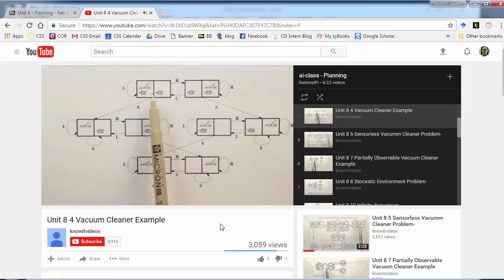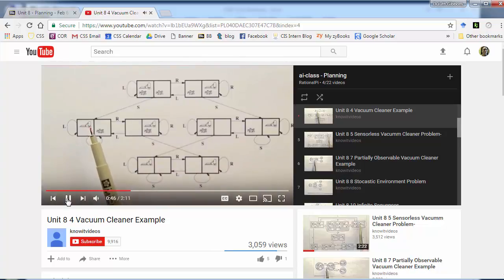Dirt is here or not, and the vacuum cleaner is here or here. So that's 2 times 2 times 2 is 8 possible states. And I'm drawing here the state space diagram with all the transitions for the 3 possible actions. And the actions are moving right, so we go from this state to this state, moving left, go from this state to this state, and sucking up dirt, we go from this state to this state, for example.